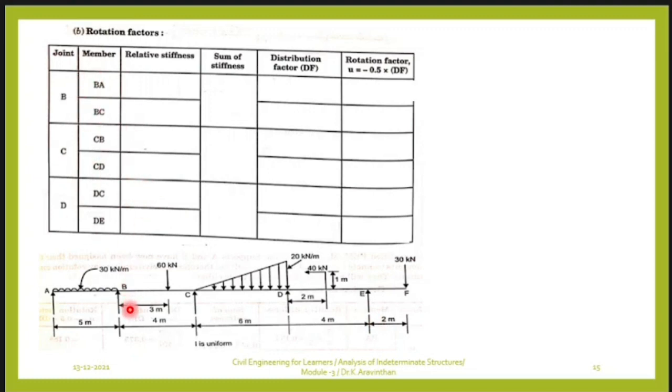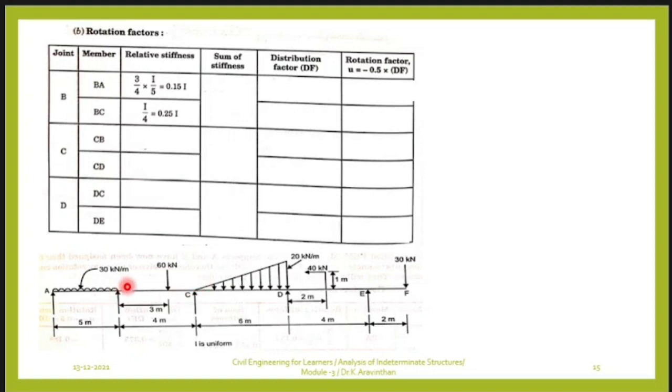And what will be the relative stiffness? B to A, the opposite end is hinged, so 3 by 4 I by L. If you are taking joint B to C, what is the formula? I by L, and C to B will be I by L. Why?